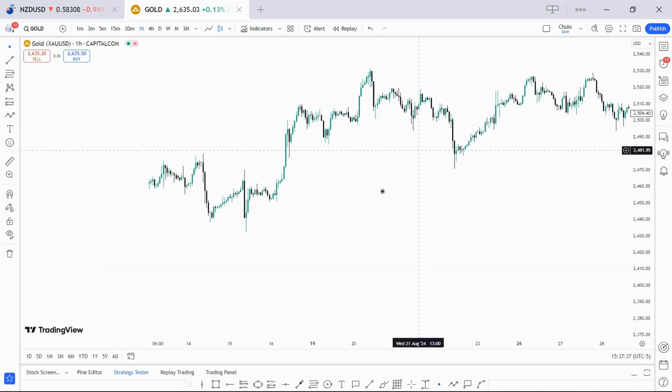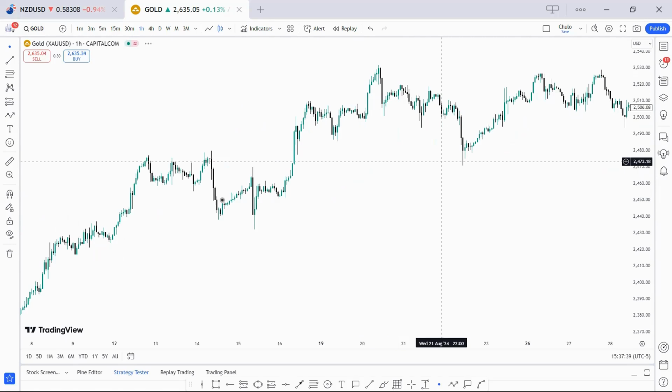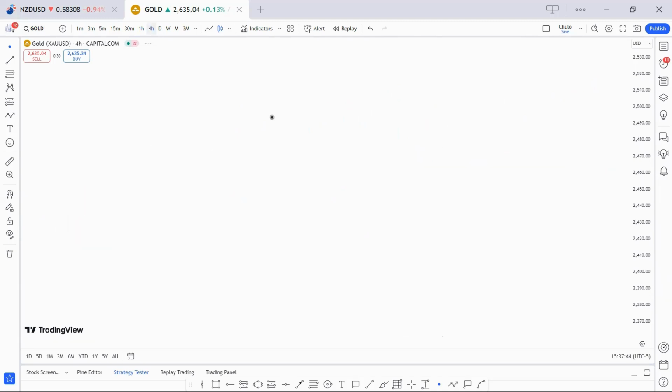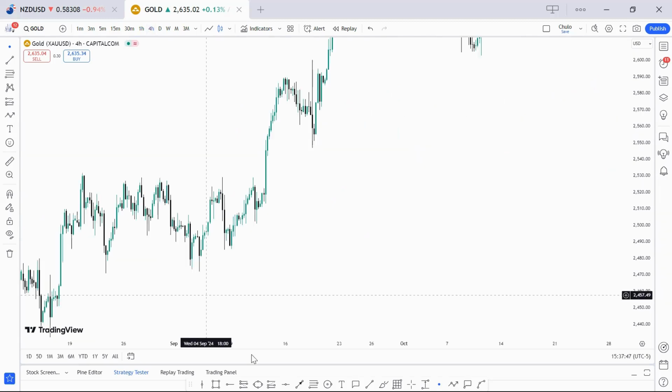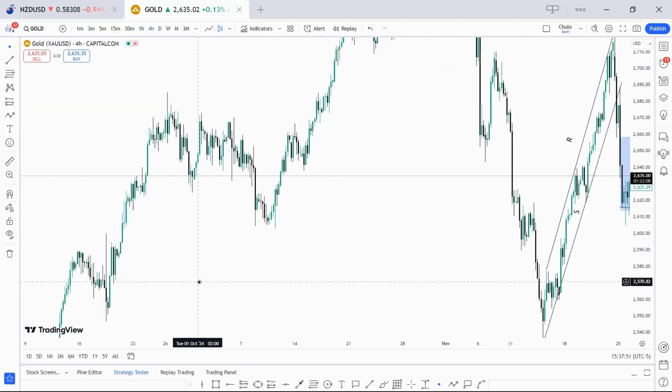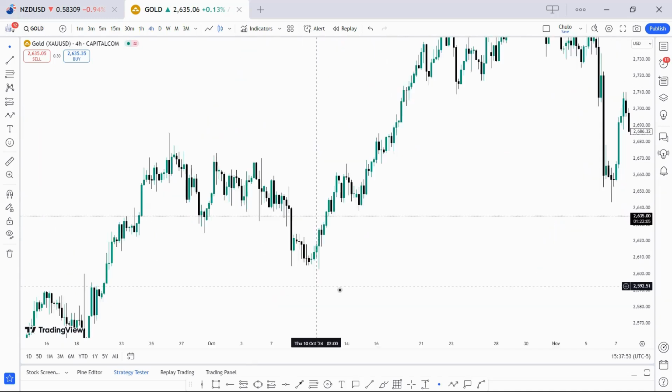I'm looking for a bearish reversal, that's from sell to buy. Let me just go straight to 4 hours. Okay, let's use this for instance.